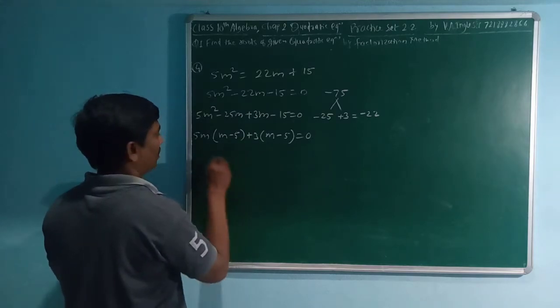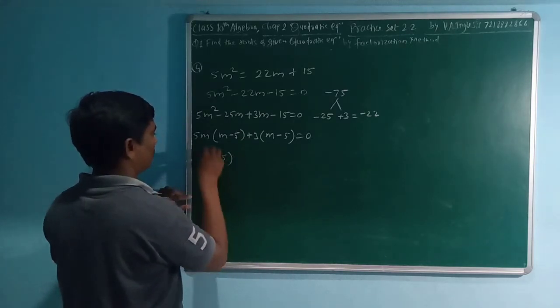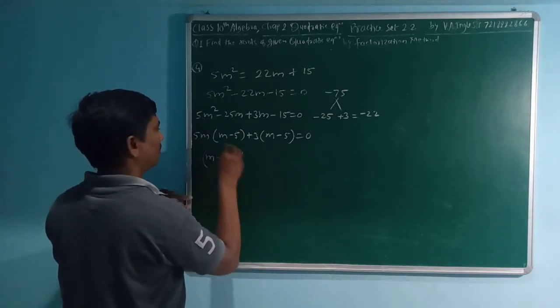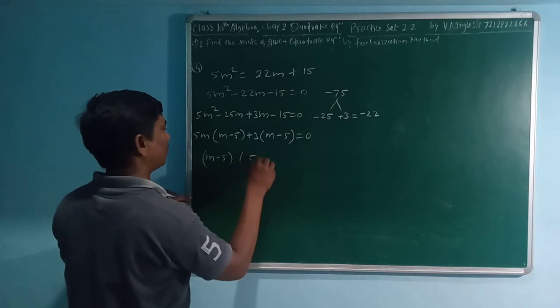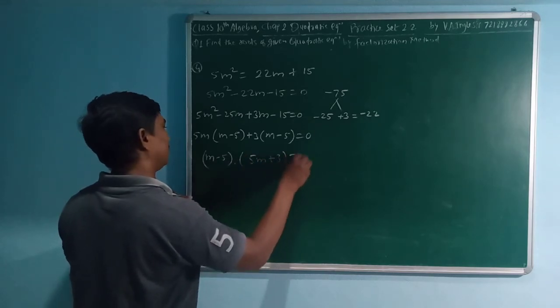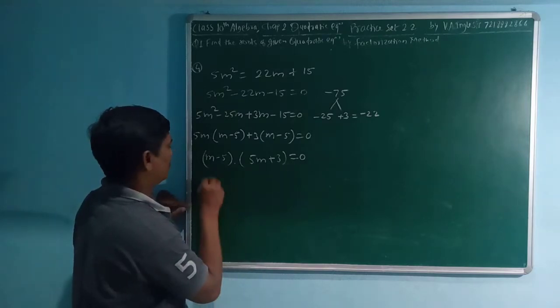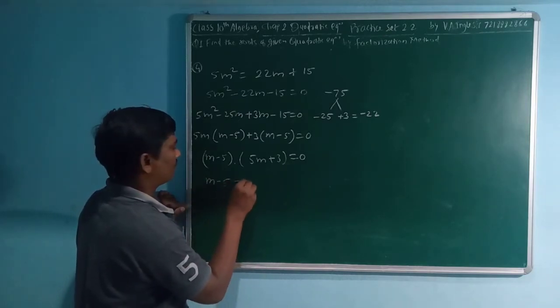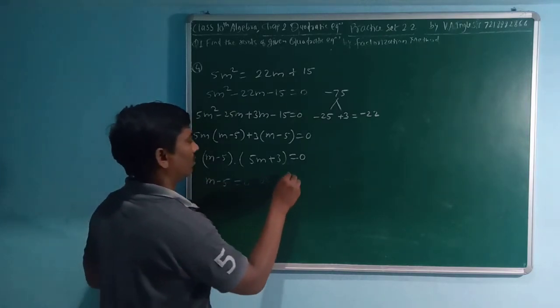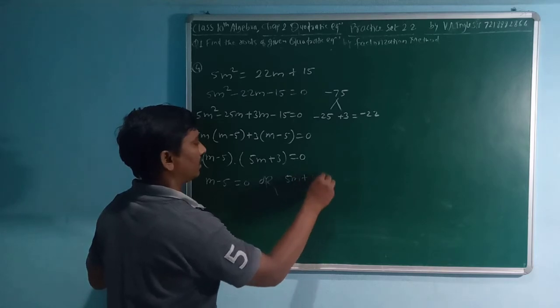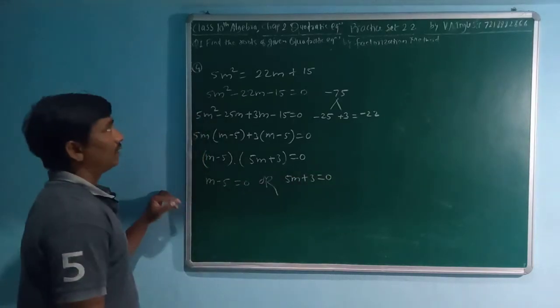Now again you can see m minus 5 is common, so you can write the other two terms in another bracket, and here it will be like this. So the product of two terms is 0, then I can write m minus 5 is equal to 0, or 5m plus 3 is equal to 0.